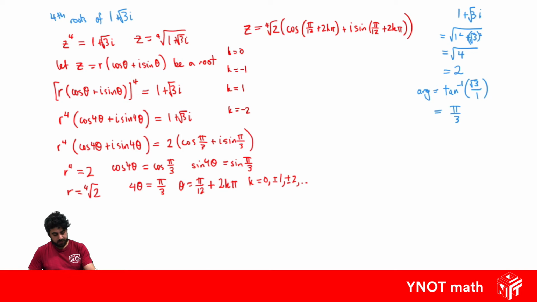you'll end up with z equaling the 4th root of 2 outside of cos of pi on 12 plus i sine pi on 12.